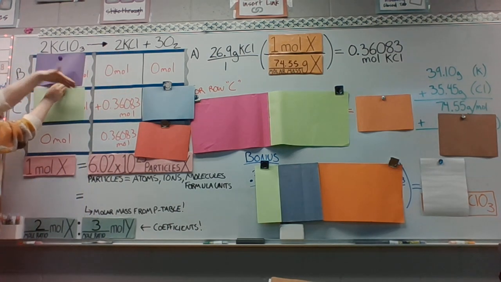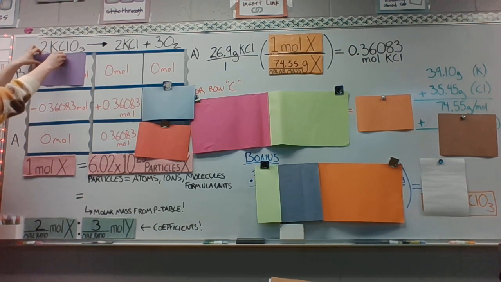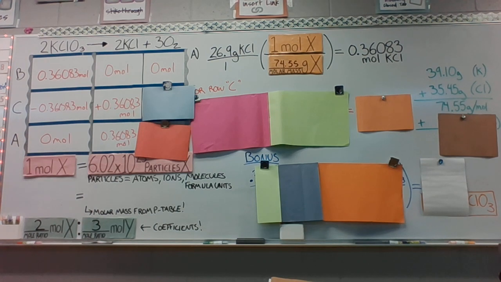But instead of creating 0.36083 moles, we are using that many moles because it's a reactant, okay? A little bit of simple algebra here. What minus this number is 0? The same number, because we are assuming that it's reacting to completion.